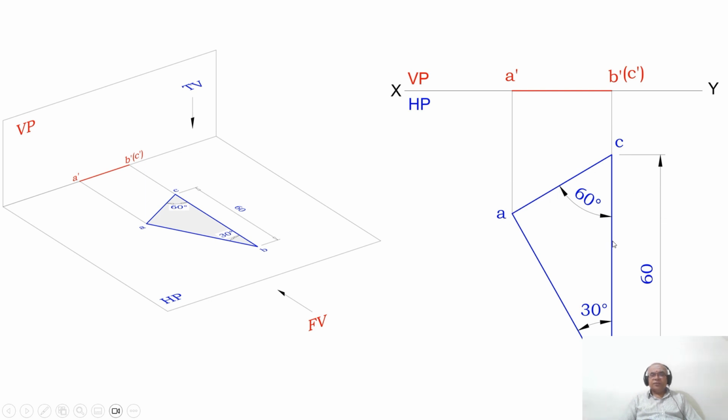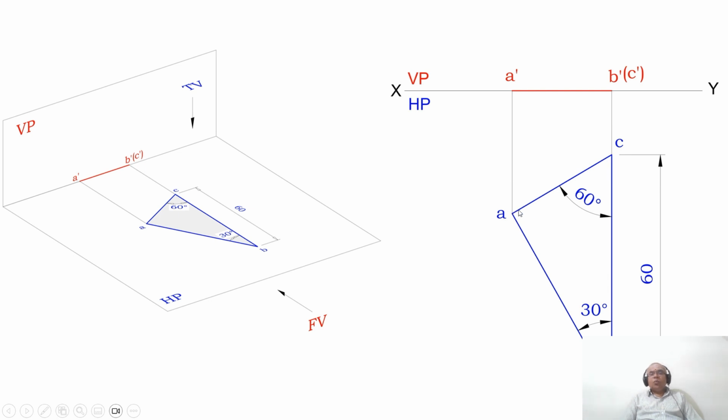These two lines will intersect at this point. You mark that point as small a.